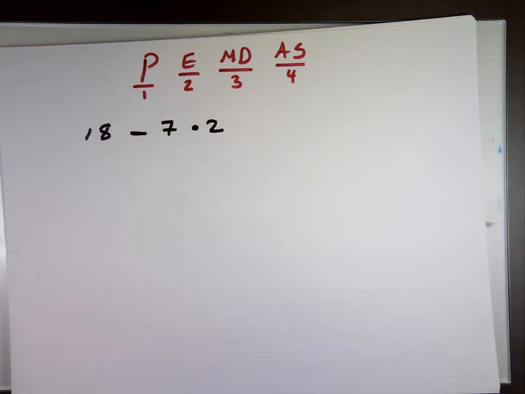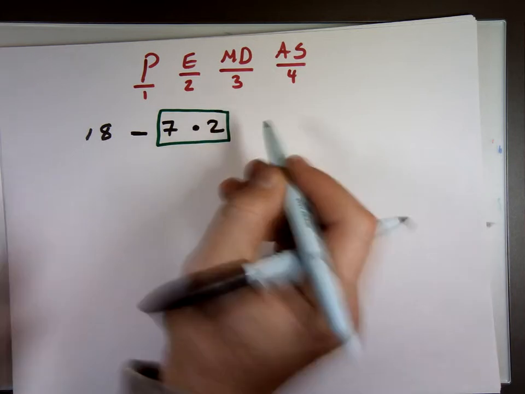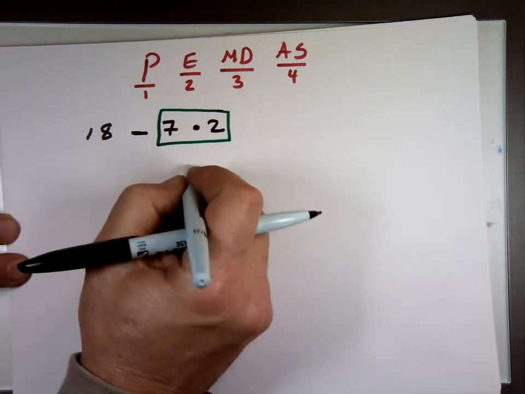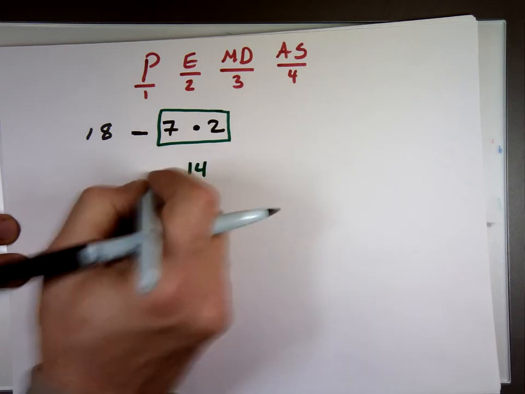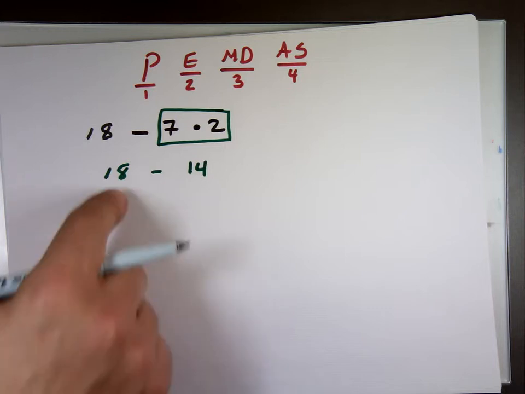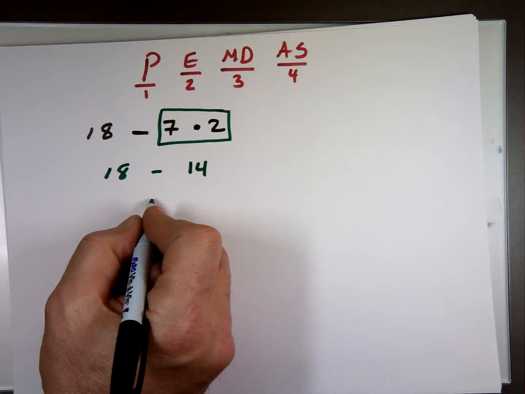So I've got to do this one first. What is 7 times 2? 14. Any more multiplications or divisions? No. We go to step 4. Do we have addition or subtraction? Subtraction, we do 18 minus 14, which is 4.